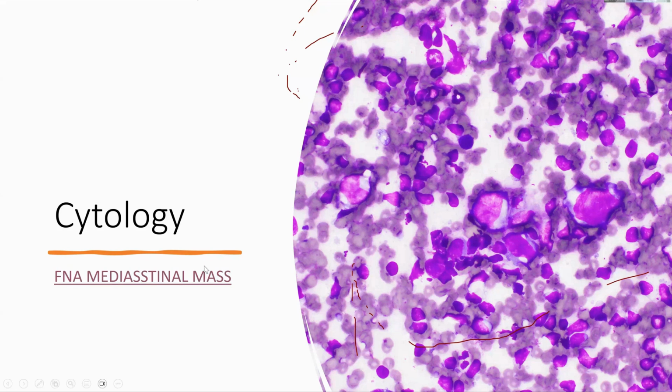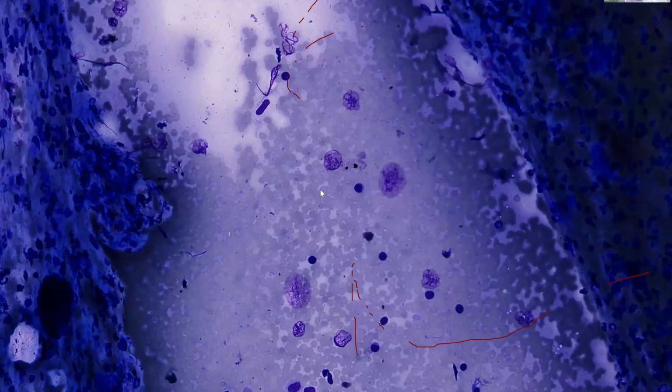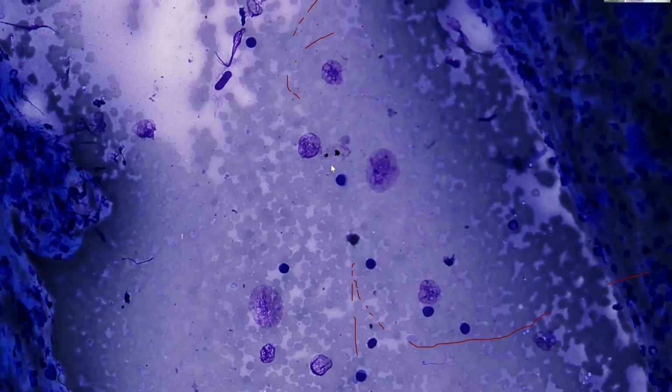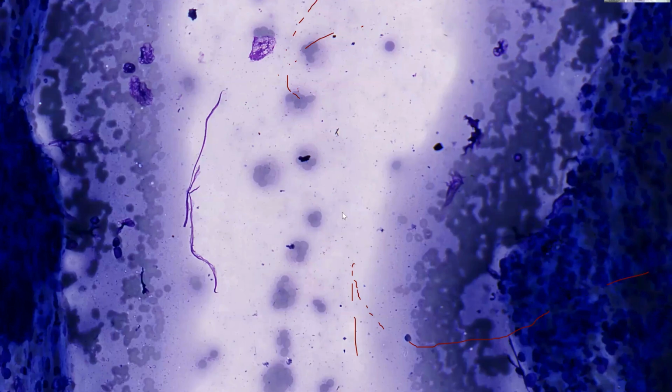This is an example of a case where a smear was more or less sufficient to diagnose a Hodgkin lymphoma. We can see the smear is moderately cellular, and we can see these large cell populations, some of which are mononucleated.